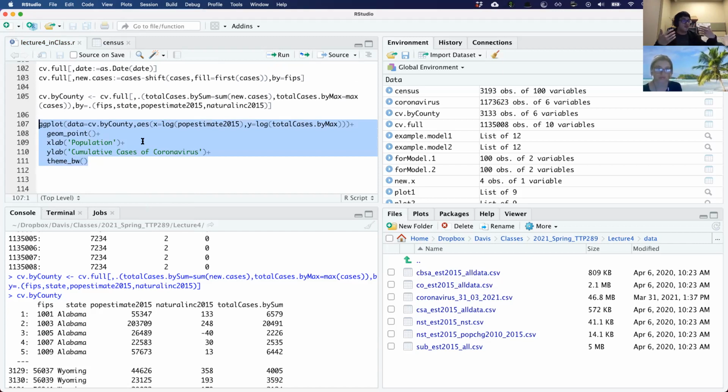So this is the first step, and we're going to start to layer in more complexity.